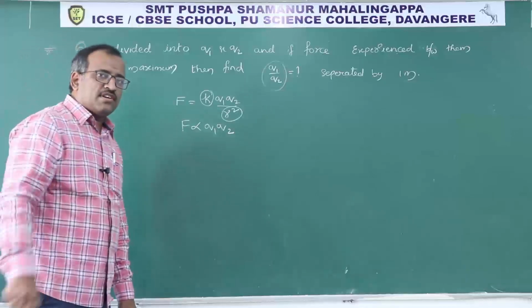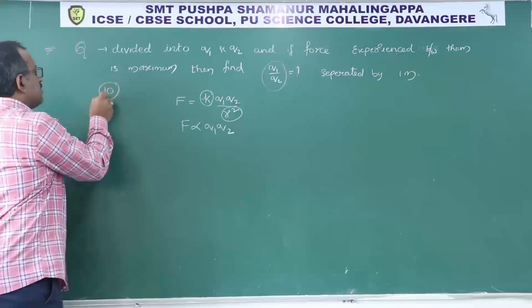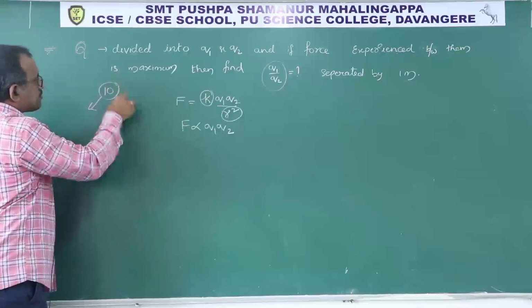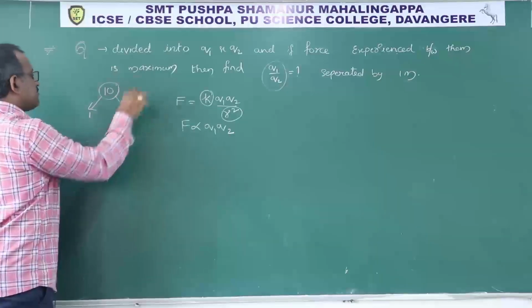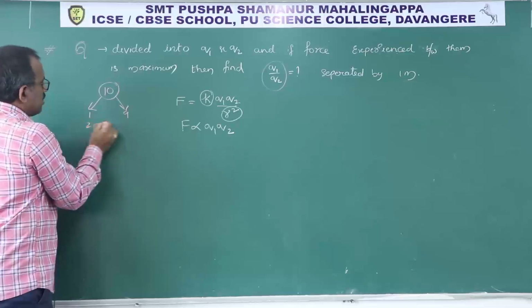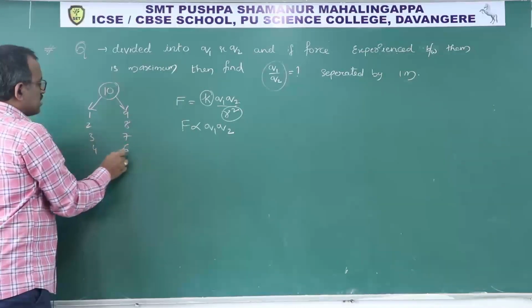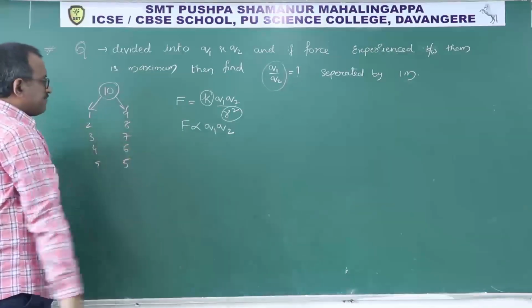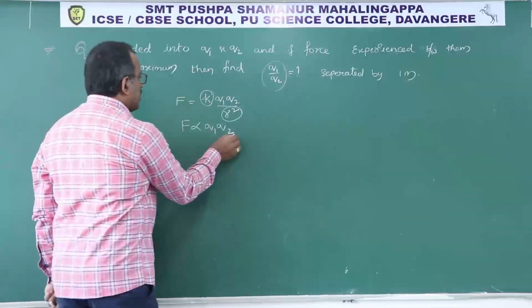How will the shopkeeper do? Suppose this is 10 Coulomb charge. If I divide into two parts, 19, roughly I am saying, 28, 37, 46, 55. Quite interesting. F is directly proportional to the product.